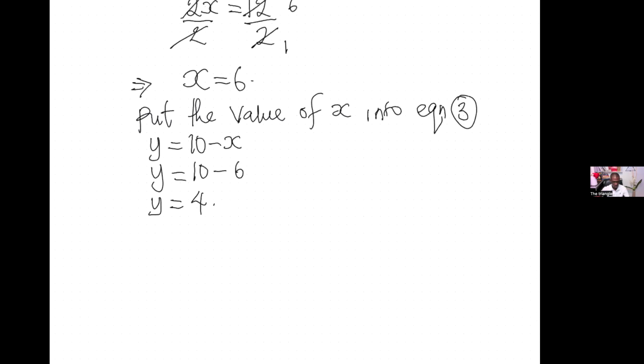Therefore, the value of x is equal to 6, and the value of y is equal to 4. These are our solutions for the simultaneous equation x plus y equals 10, and x minus y equals 2.